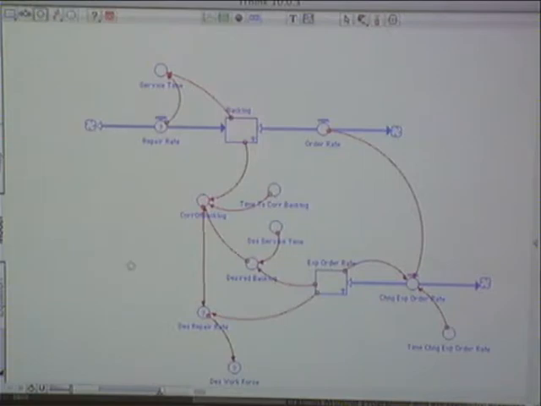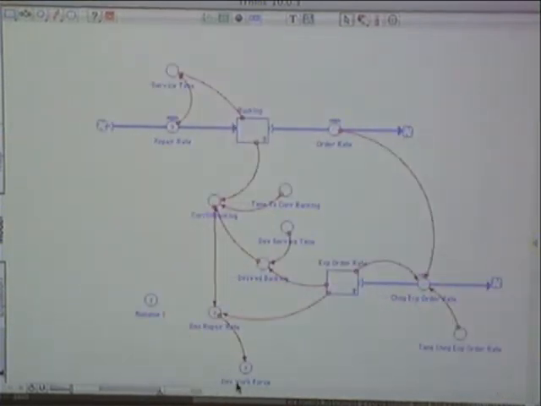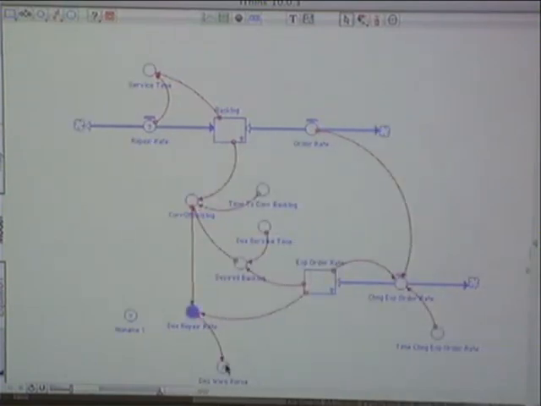And now we have to rely on our knowledge about units of measure. So how do I get the desired workforce from the desired repair rate? Well, this is bicycles that I want to repair per day. This is people who are repairing the bicycles, so it's people.